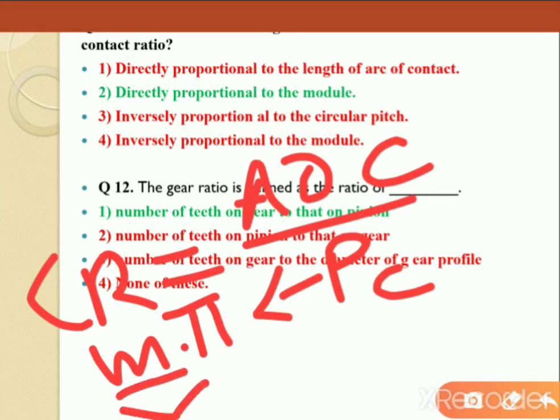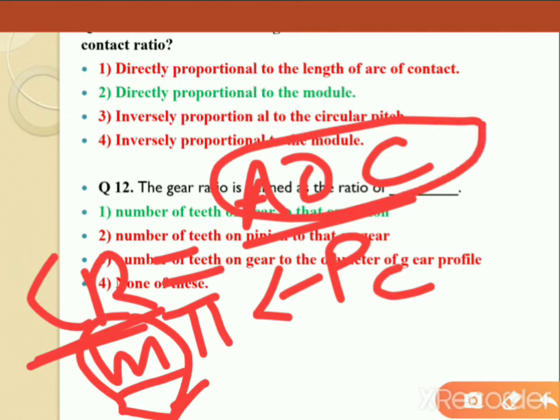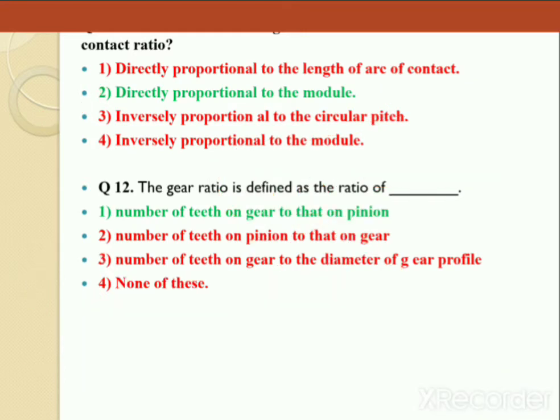So according to the options, module is inversely proportional to contact ratio. Arc of contact is directly proportional to contact ratio. So here ultimately we can say option 2, directly proportional to module, is incorrect. So option 2 will be the correct answer, as they have asked about the incorrect option.